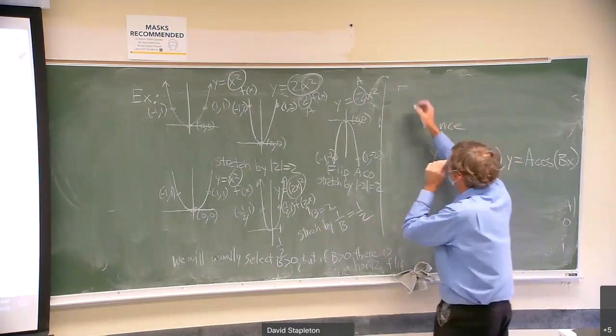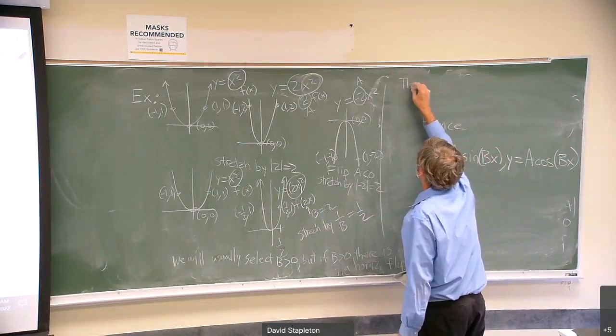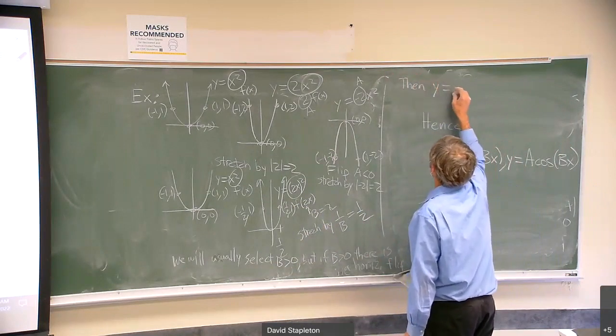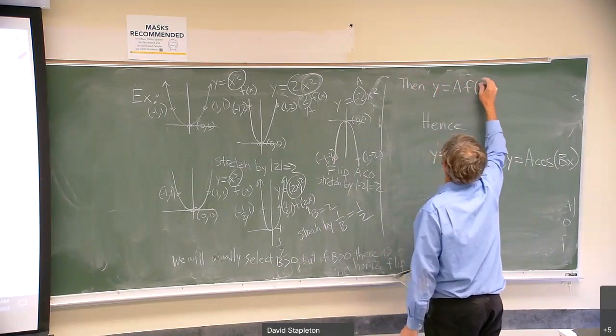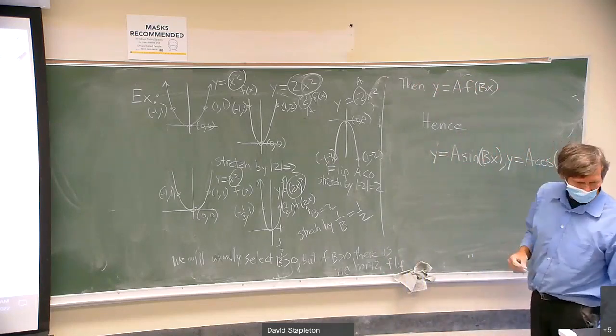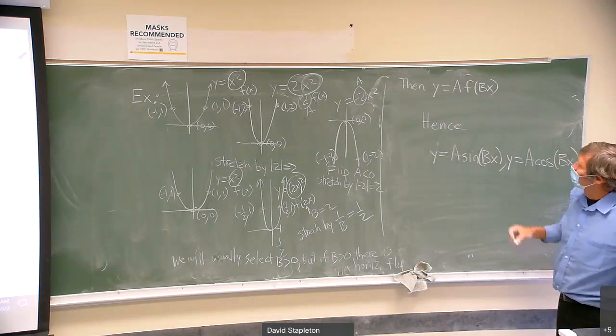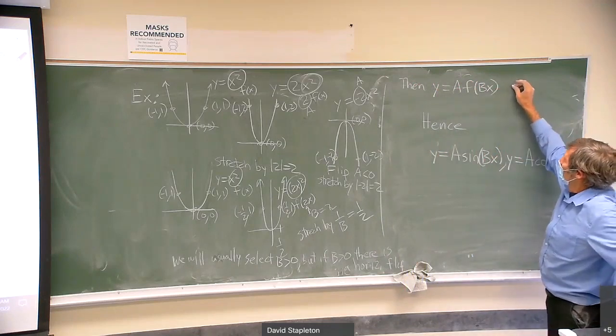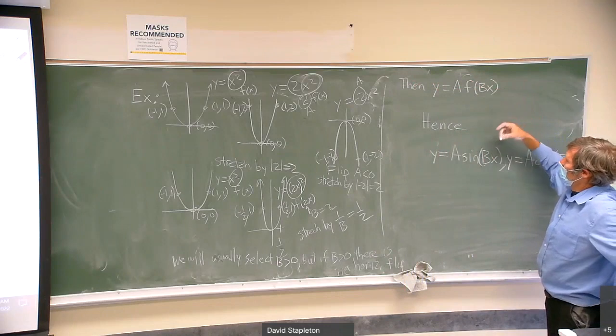And one more comment then. If you take y equals a f of bx, put both an a and a b in there, what does that do? This does both a vertical and a horizontal stretch.